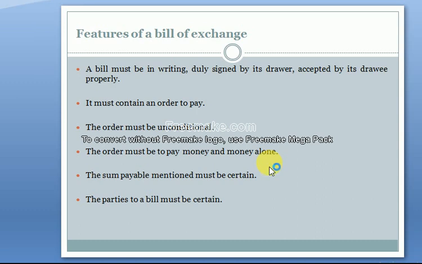A time draft gives the importers a short amount of time to pay the exporters for the goods after receiving them. Look, if I import goods and I mention a 1 month time period, then that bill of exchange is called a time draft.